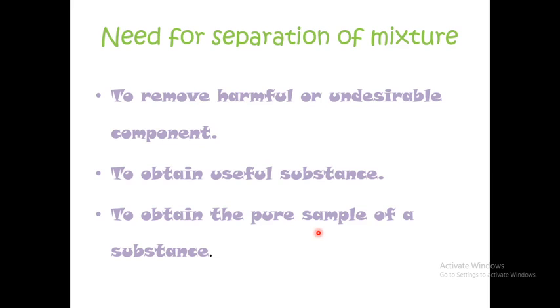So what we need to do is extract that oxygen from air, so that we get a pure sample of oxygen. Why? So that we can use that oxygen for various medical purposes, or for different reactions in the laboratory, or different types of scientific methods. So we need that pure substance. So in order to obtain the pure substance, we have to separate the mixture. Clear? All these 3 points.